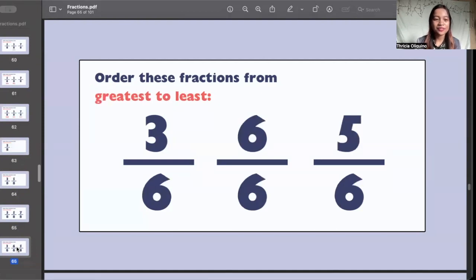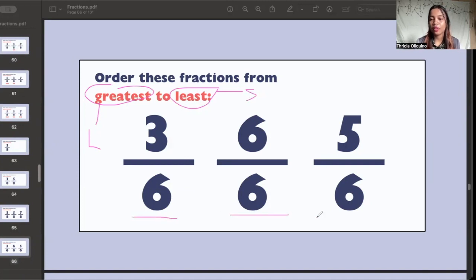Easy, right? How about this one? Okay, let's try this one. Now we're going to order them from greatest to least, least as the smallest and greatest as the largest. Again, we have the same denominator, which is 6, and we just have to look at the numerator and identify which one is the largest and the smallest.